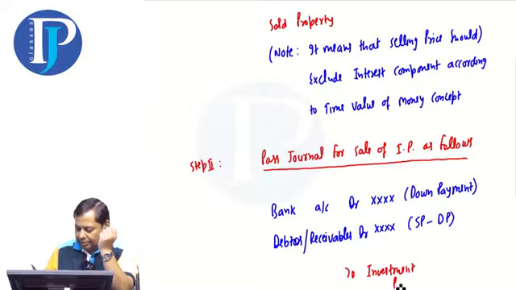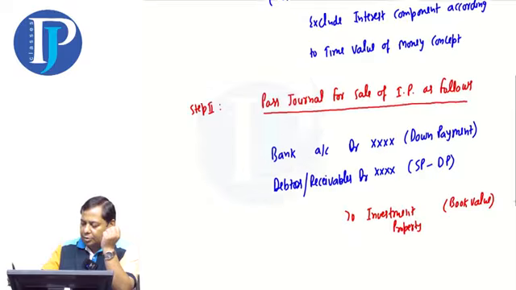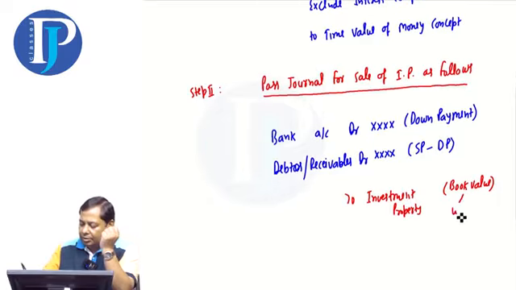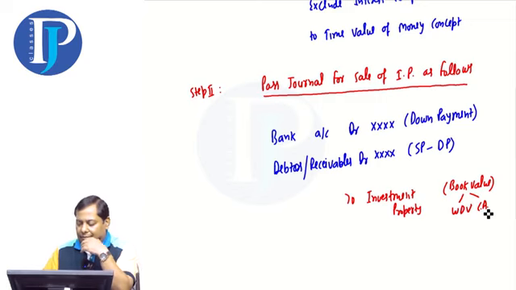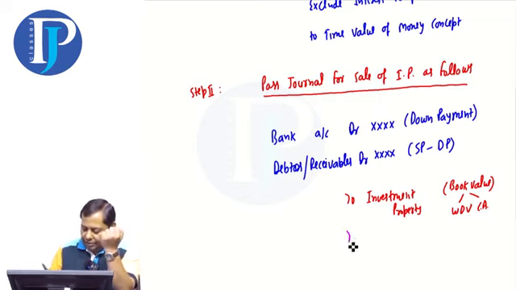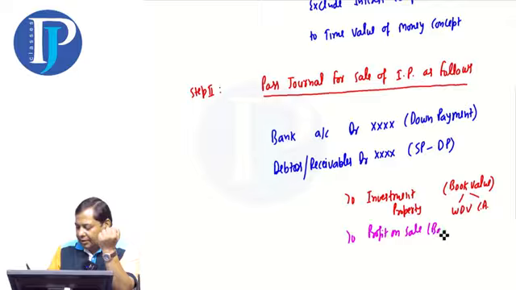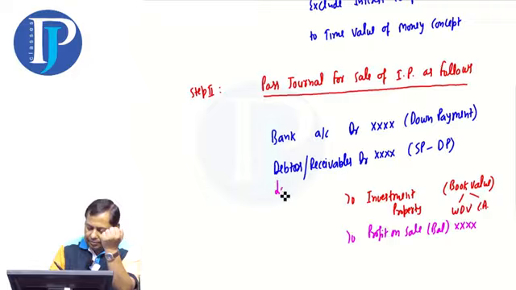To investment property. What's this? This is book value. Call it book value or WDV, carrying amount. It's the same thing. And whatever the difference is, either it will be profit on sale, meaning balancing figure, or it will be loss on sale.